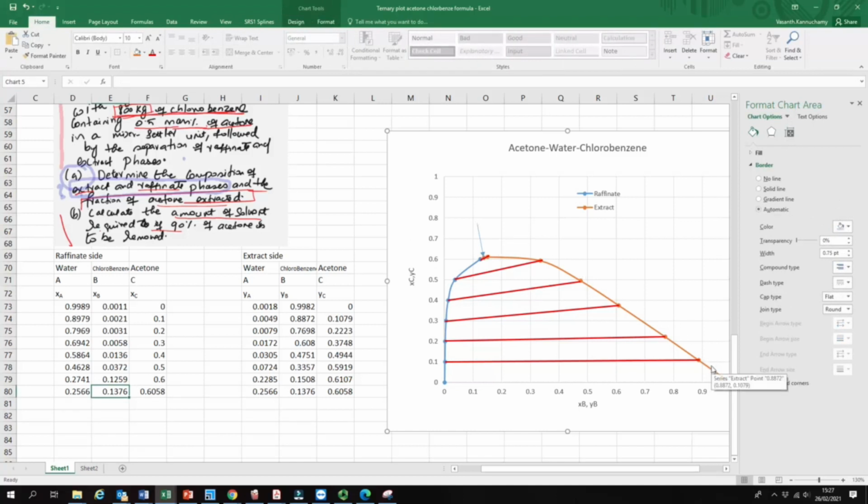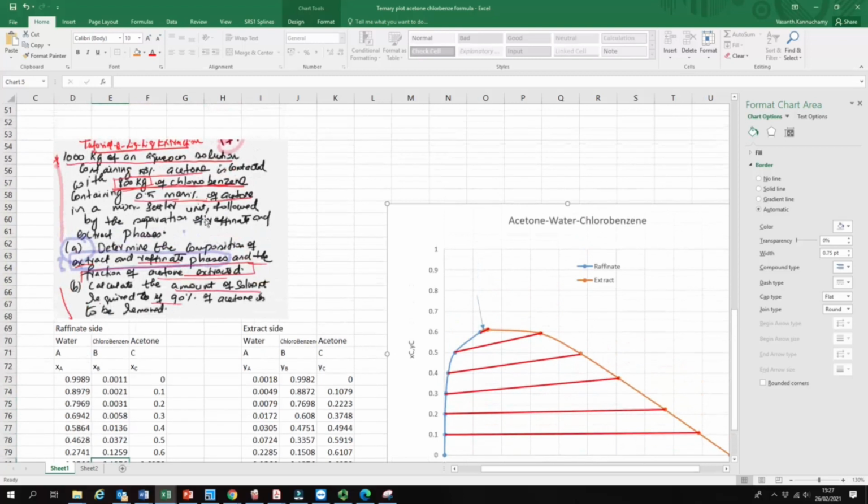So what we need to do now is find where our feed is. Let's read the question one more time. 1000 kg of aqueous solution, and then we have 50% acetone. So 50% acetone, that's our solute. And one thing clear is our feed doesn't contain any solvent, so no chlorobenzene in our feed.